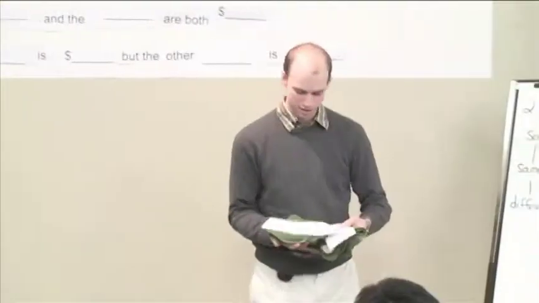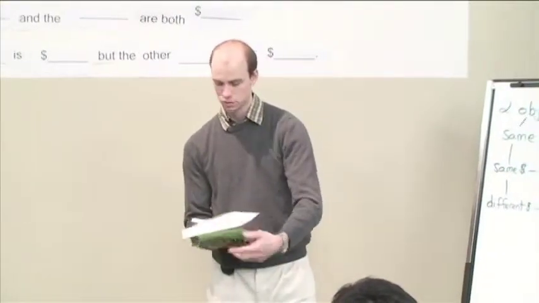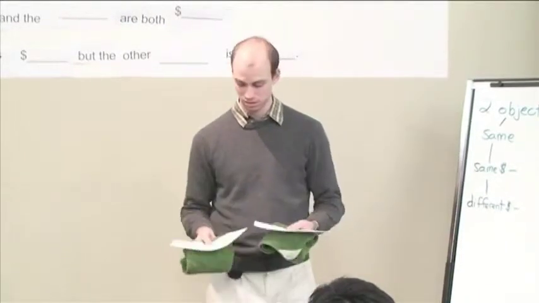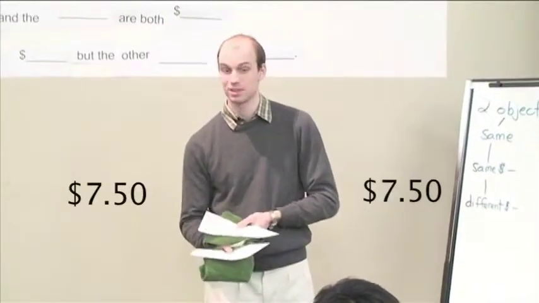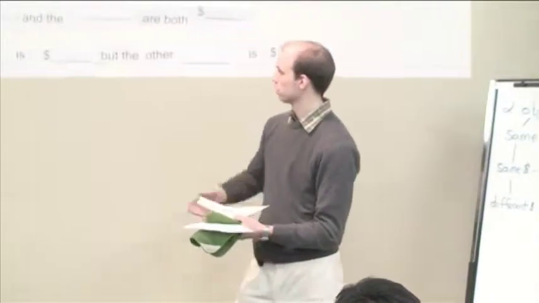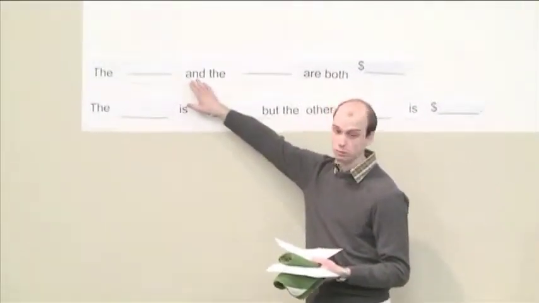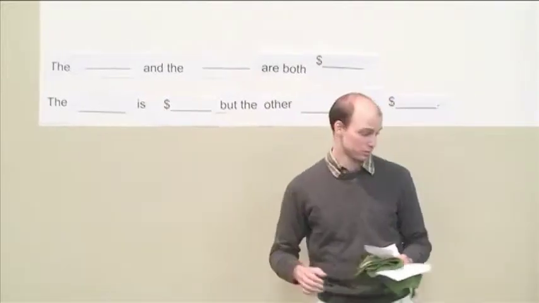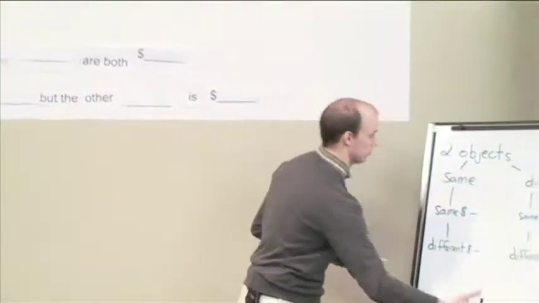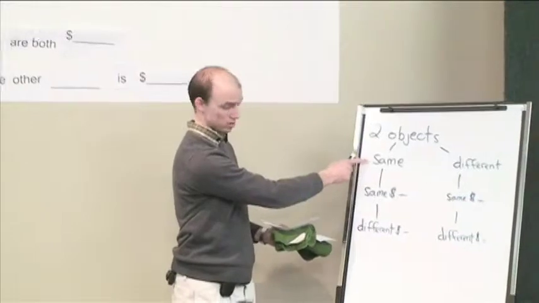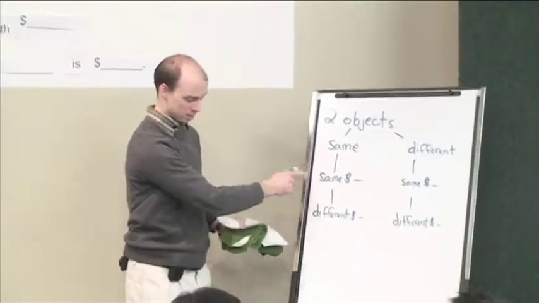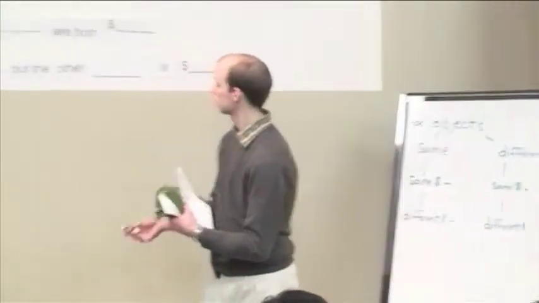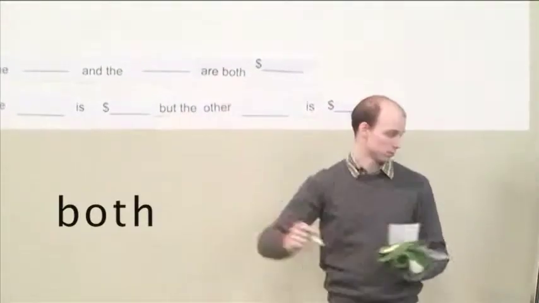Okay, if we have two objects, are they the same? Yes. Are the prices the same? Yes. Okay. We don't need to use and or but. So if the two objects are the same and it's the same price, we use both.